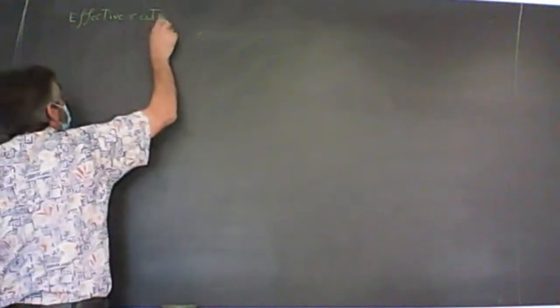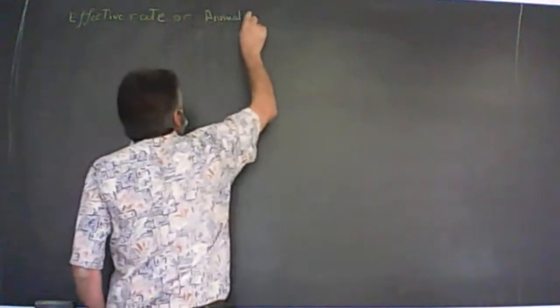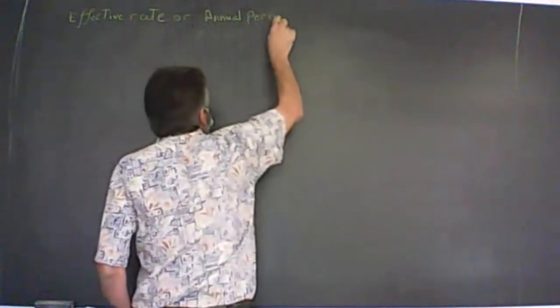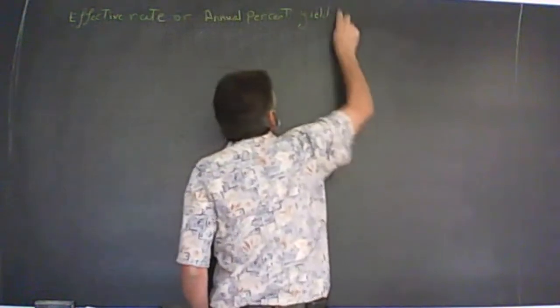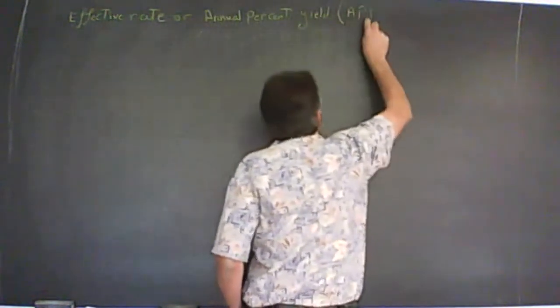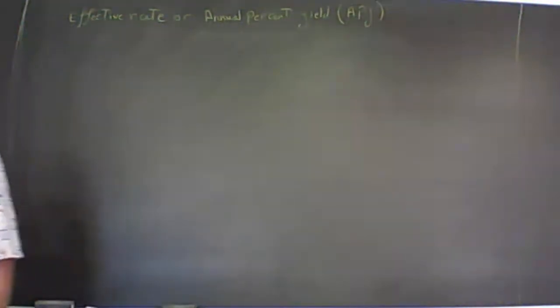So effective rates, or annual percent yield, APY. Okay. Effective rate, or sometimes called annual percent yield.